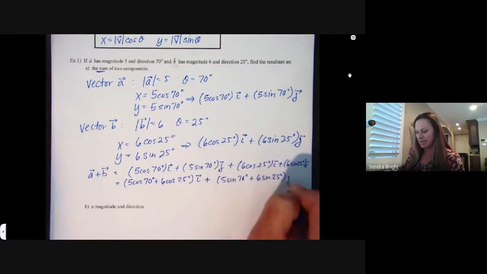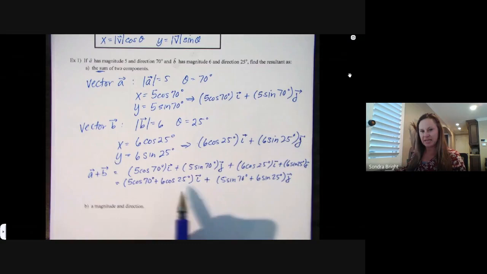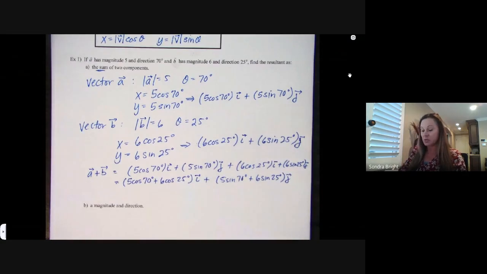Now I'll put these in my calculator. Keep in mind, we are going to end up using it on the next part for magnitude and direction, so I am going to store them. That way, again, I'm not rounding until the very end. All right, so let's put this in.